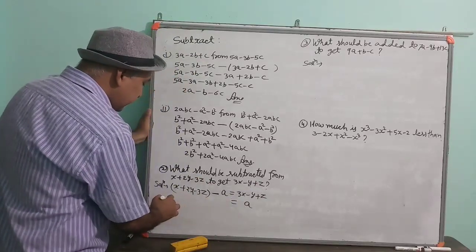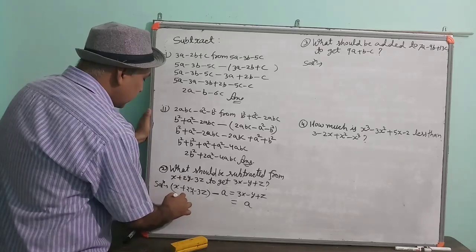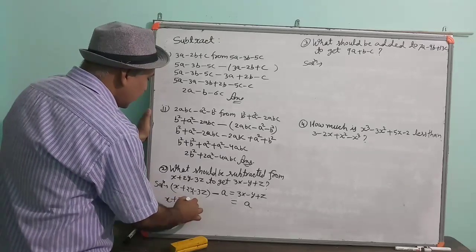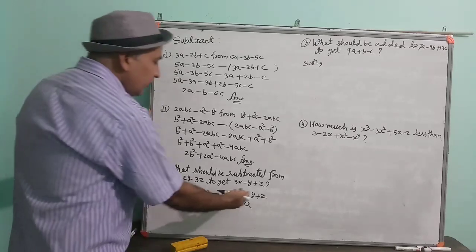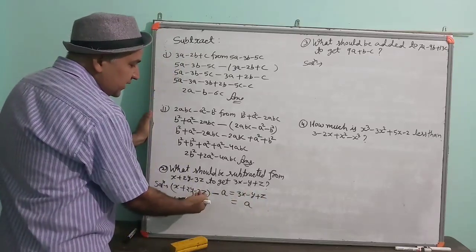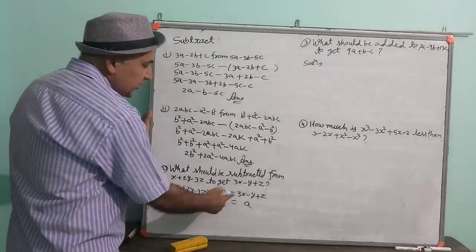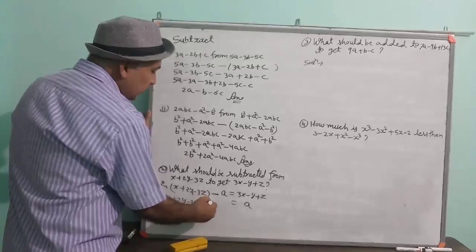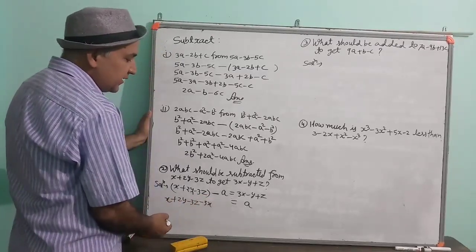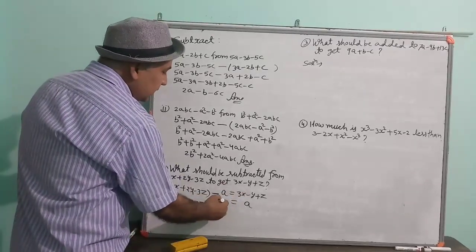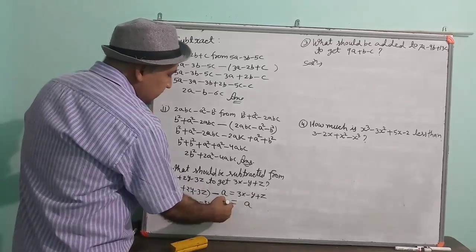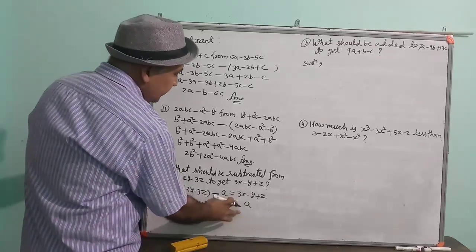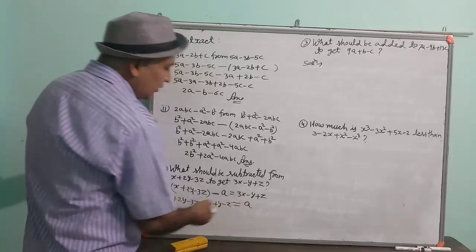Transfer these terms to the left hand side: x plus 2y minus 3z. When these come to the left hand side, their signs will also change. Plus 3x becomes minus 3x, minus y becomes plus y, plus z becomes minus z. Understood? Is equal to a.